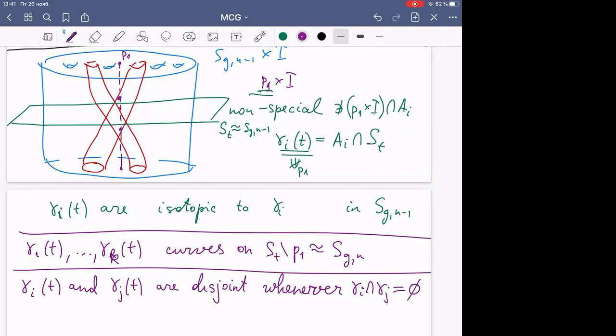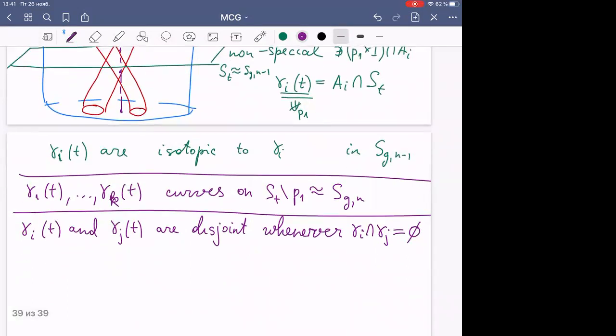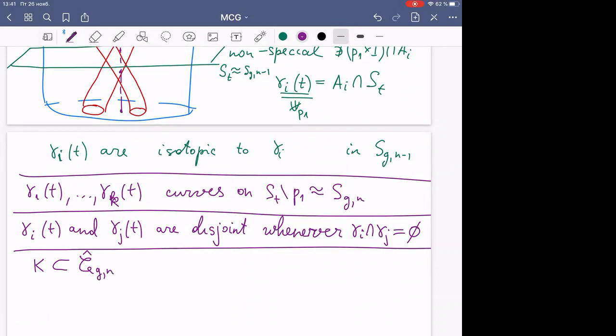So what does it mean? This means that at any moment t, look, now let us recall that we started from a finite subcomplex of C hat of S_{g,n}.